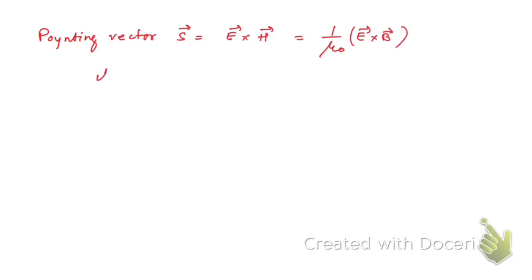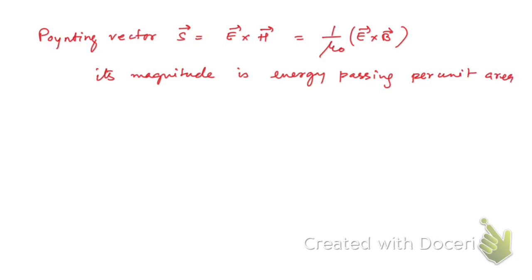Let me write here the Poynting vector, which I represent by S, which is nothing but E cross H. It can also be written as 1 by epsilon naught E cross B. Its magnitude is equal to the energy passing per unit area per unit time.